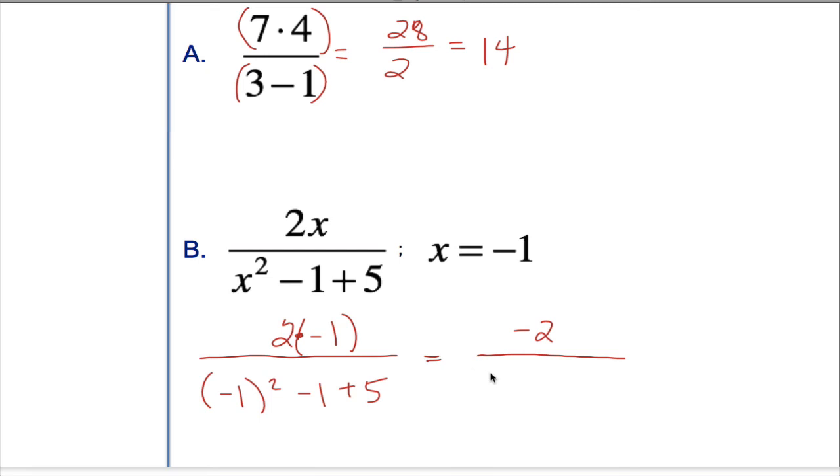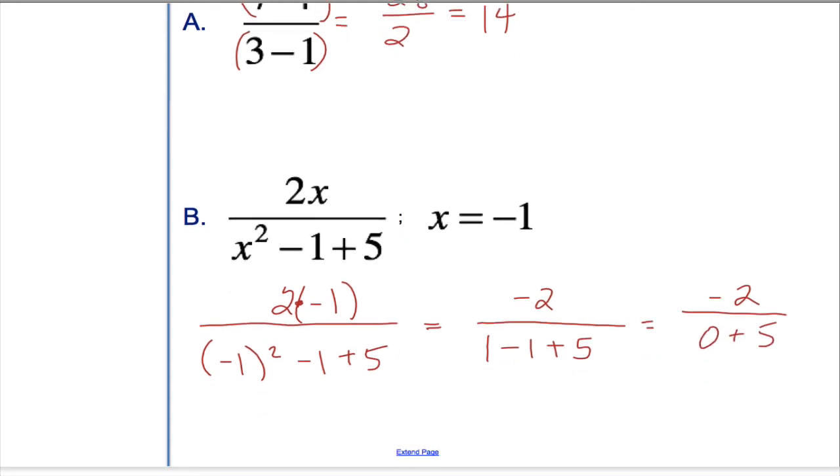So negative 1 squared is negative 1 times negative 1, which is positive 1. Now we have 1 minus 1 plus 5. Doing the operations in the denominator in order from left to right, 1 minus 1 is 0, and 0 plus 5 is 5. So my final answer would be negative 2/5.